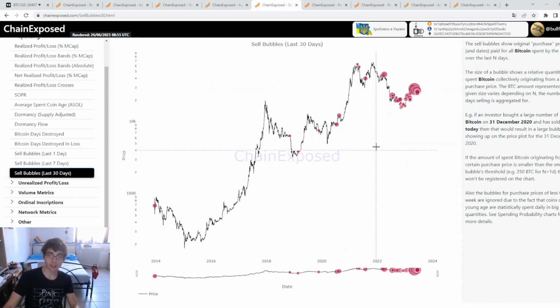So they're actually taking huge profits, in fact, because here you see sell bubbles that happened in the last 30 days. That means the little bubble you see right here is 250 Bitcoin. The biggest bubbles are also 2,000, 10,000 Bitcoin and so on that are happening as a sell bubble.